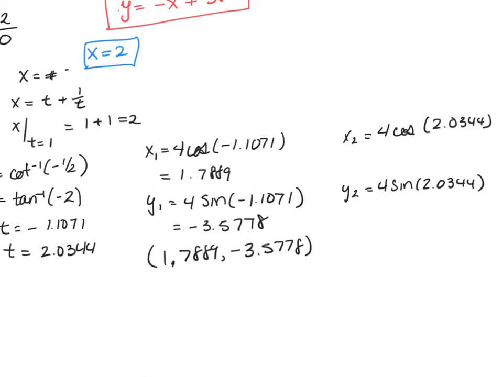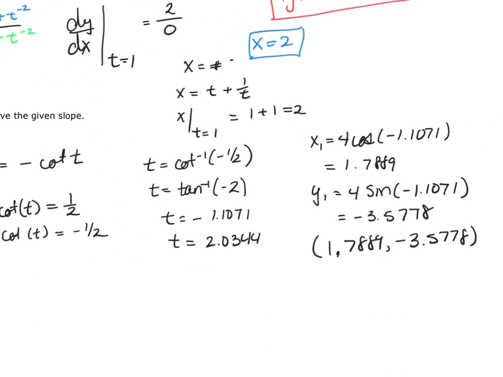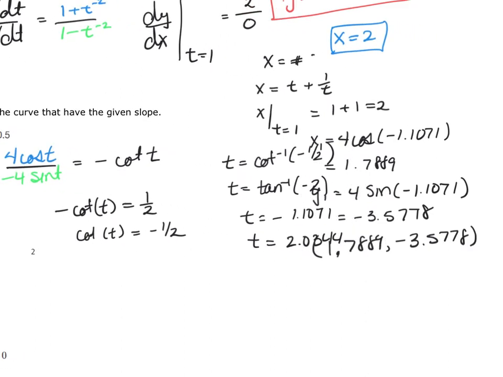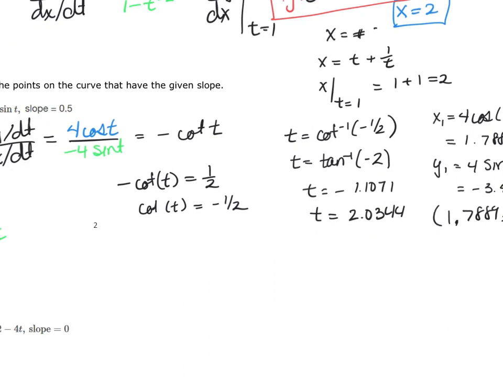Now I just want to make a quick note that if you need these to be exact answers, then you clearly wouldn't have done this step here, when we did the tangent inverse of negative 2, which gives the same answer as the cotangent inverse of negative 1/2. What you would have done is stayed right here in terms of the cotangent, and thought about how I define cotangent.